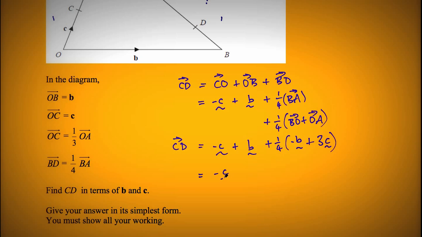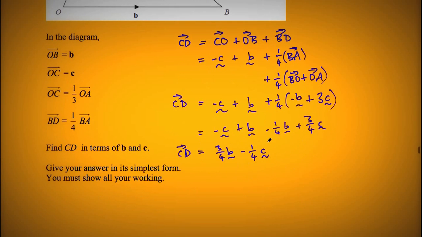So expanding that bracket, I've got minus C plus B minus 1/4 B plus 3/4 of C. So collecting like terms, or like vectors, B minus 1/4 B is 3/4 of B, and minus C plus 3/4 of C is minus 1/4 of C. And that's my answer for CD in terms of B and C. It asks for the simplest form.